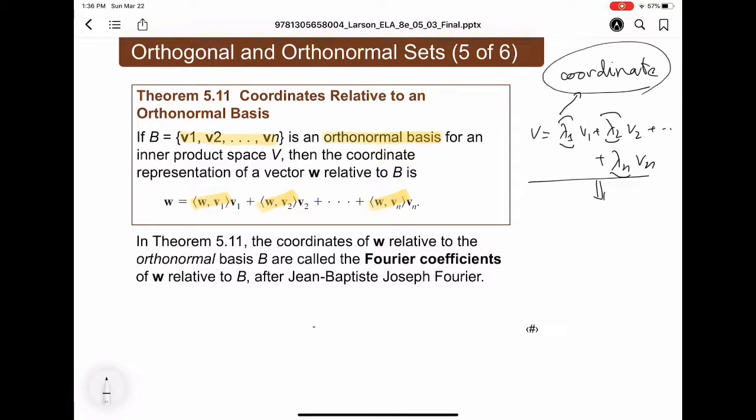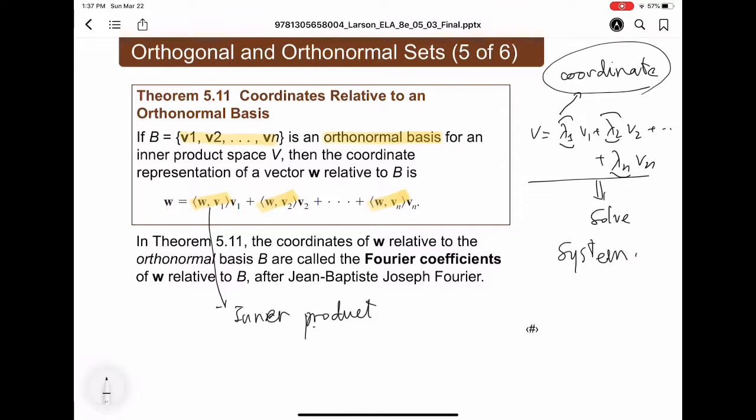But now if you work with an orthonormal basis, you don't have to solve the system, because that takes time and is expensive, meaning you have to calculate a lot. Once you have an orthonormal basis, you only need to find the inner product of W with each vector v1, v2, and vn.